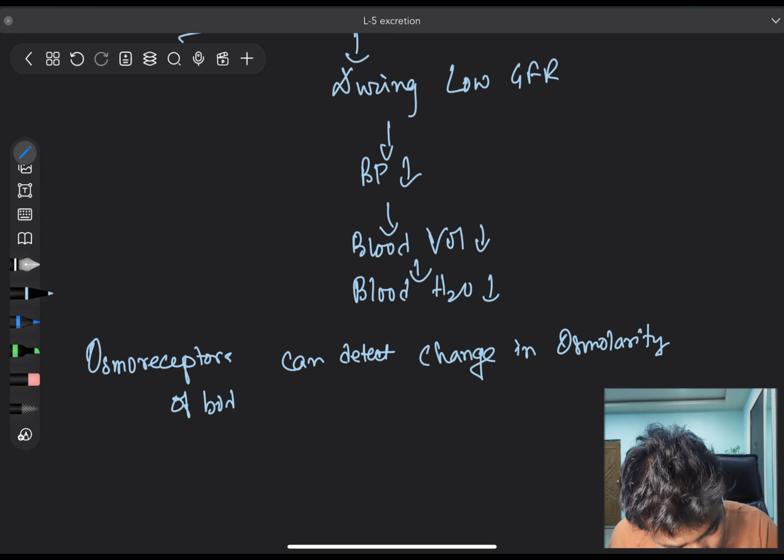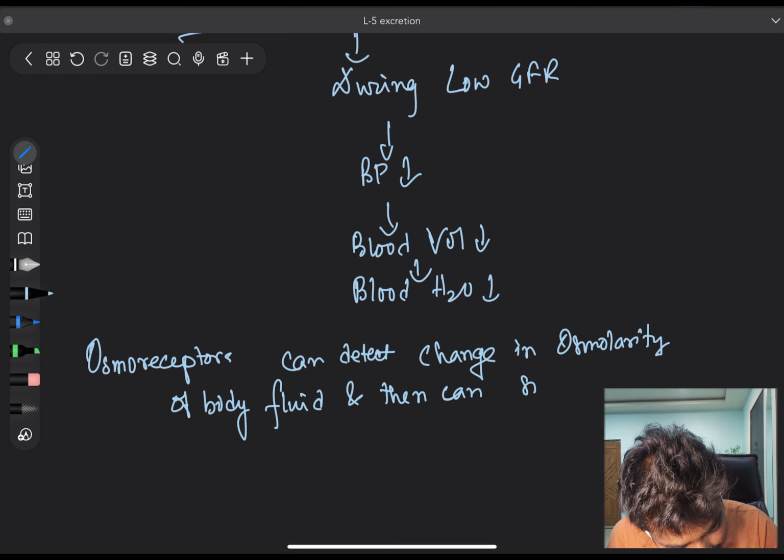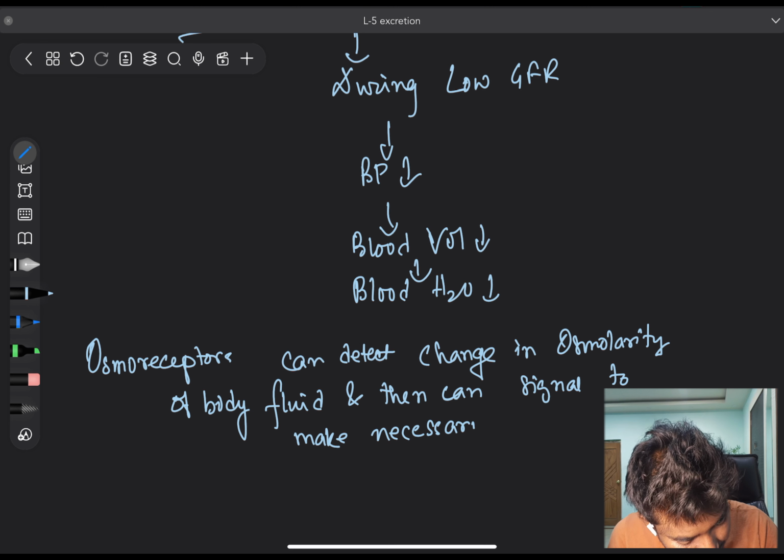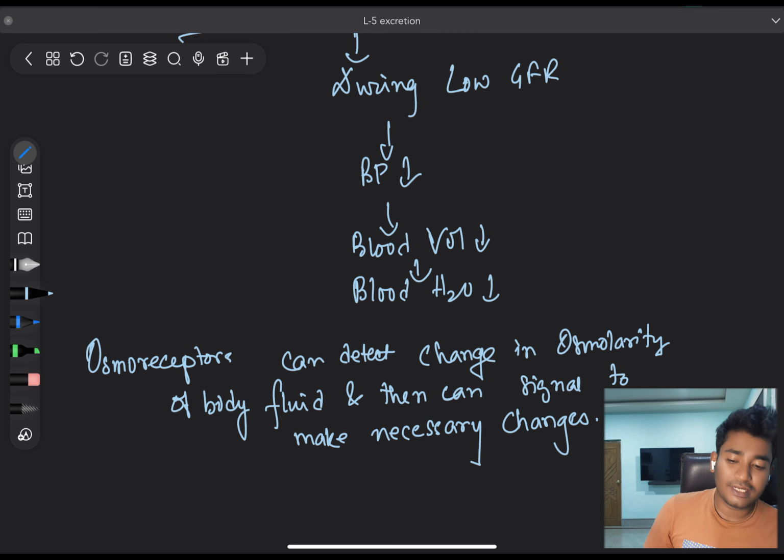Osmo detectors detect changes in body fluid and then can signal to make the necessary changes that are required.